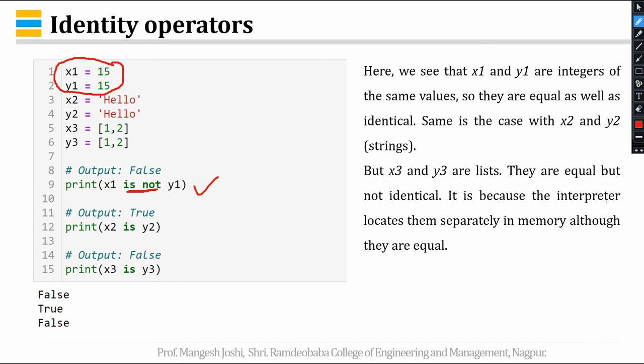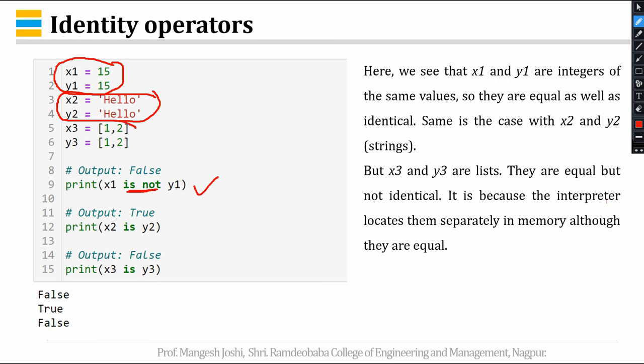Then the second case, print x2 is y2. x2 and y2 both are strings. Since it is returning the true value, both the strings are identical and equal, meaning they are stored at the same memory location.